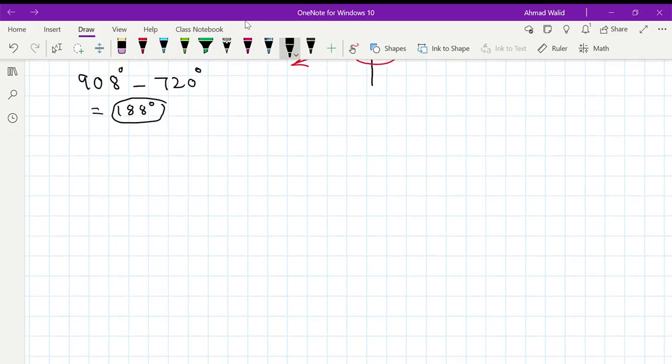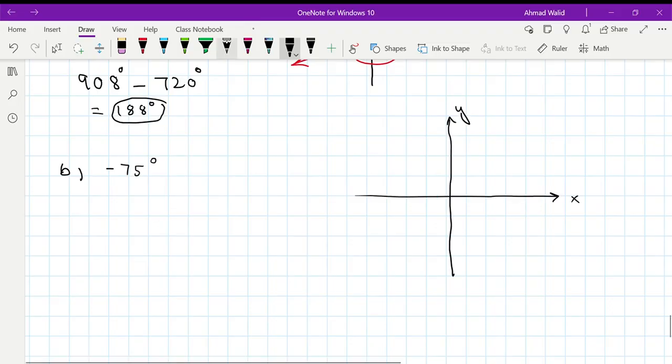In part B, they give you another angle. In part B, they give you negative 75 degree. They are asking you to find at least positive coterminal angle to negative 75. Let's draw this first. Where is negative 75? This is X. This is Y. Your initial side is on the X-axis.